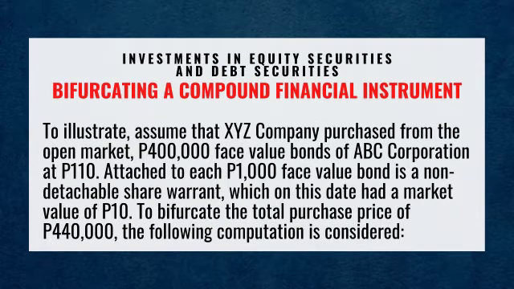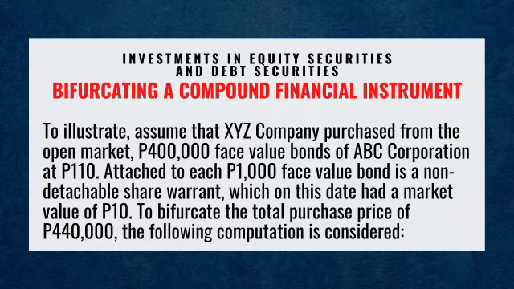To illustrate, assume that XYZ company purchased from the open market 400,000 pesos face value bonds of ABC Corporation at 110. Attached to each 1,000 pesos face value bond is a non-detachable share warrant which on this date had a market value of 10 pesos.